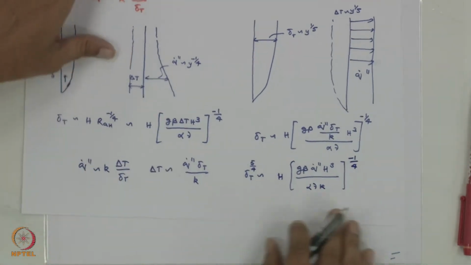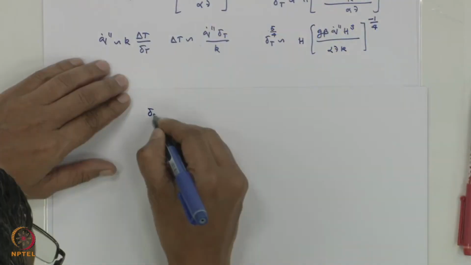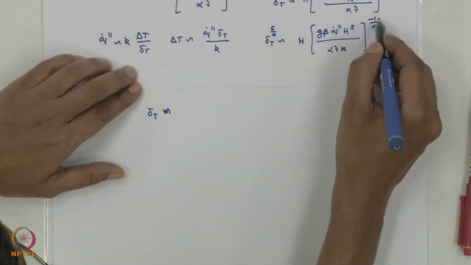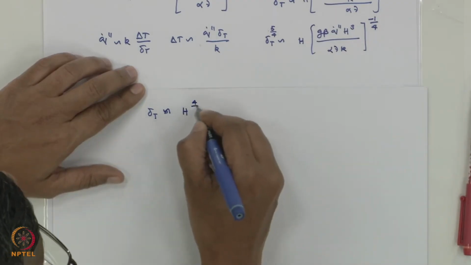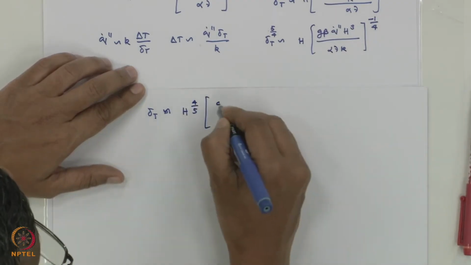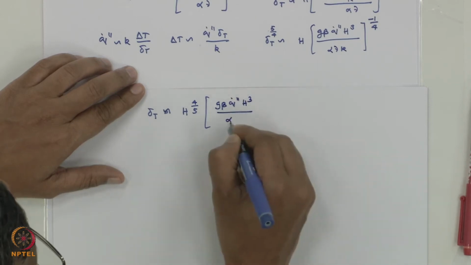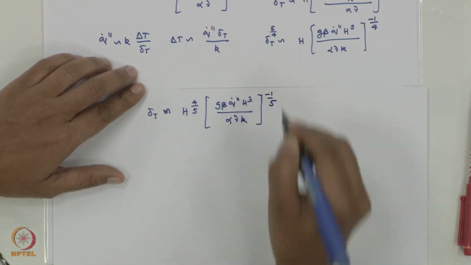So if I write for delta T, I will have to multiply this power by 4 by 5. So H to the power of 4 by 5. So the whole of this, G beta Q double dash H cube upon alpha nu K, is going to be to the power of minus 1 by 5.